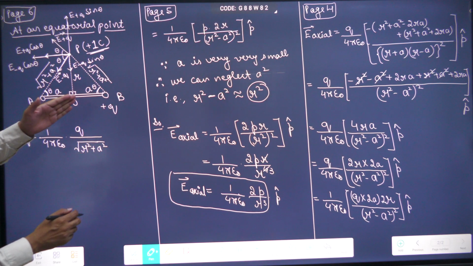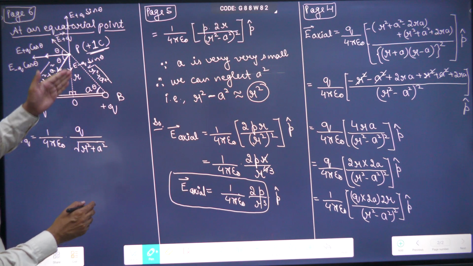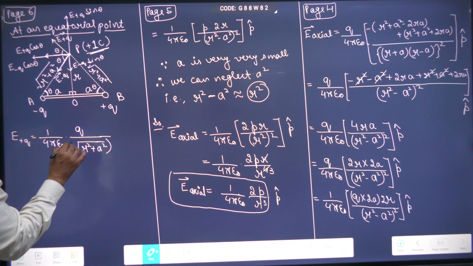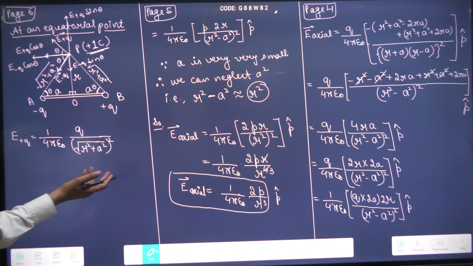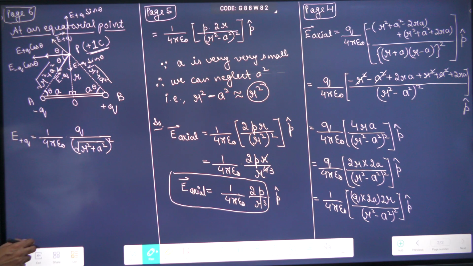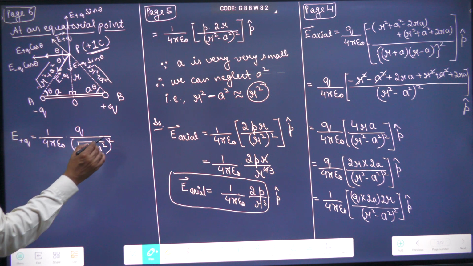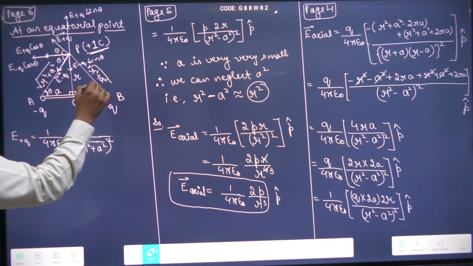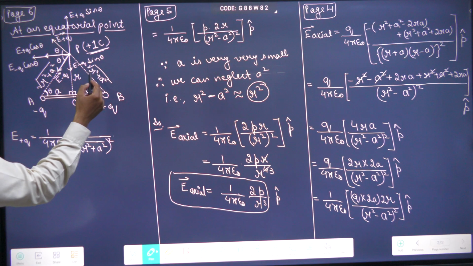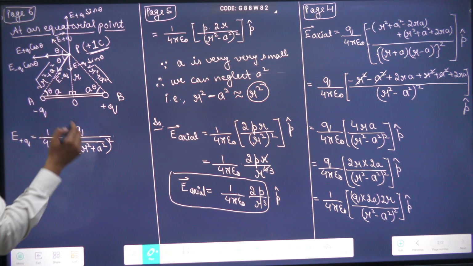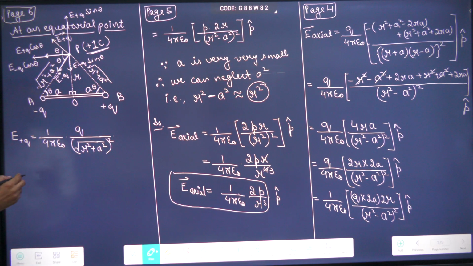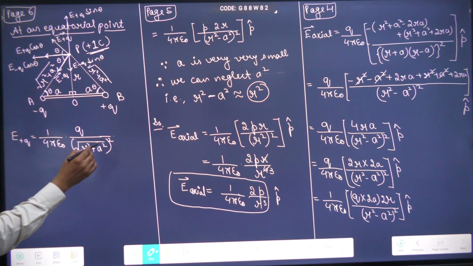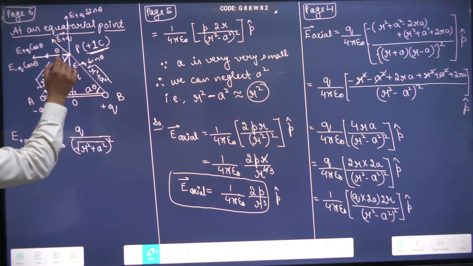Distance is this. So Q upon under root r square plus a square whole square, Q upon distance whole square. And its direction is like this, so we will write along BP.